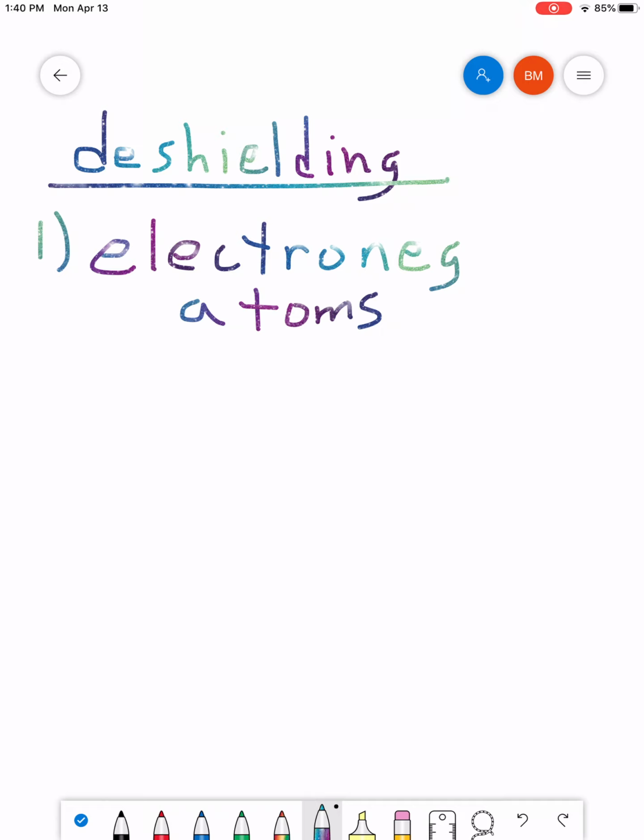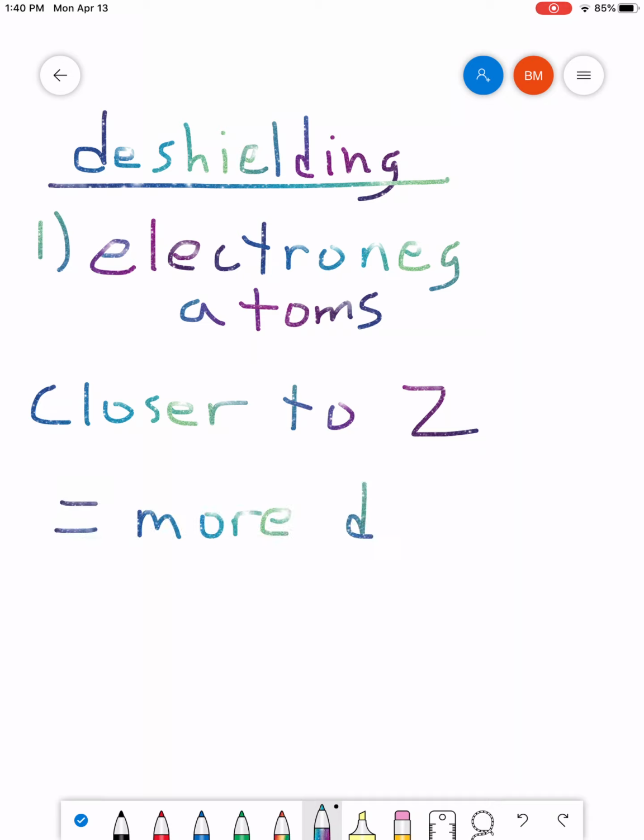So, generally speaking, the closer that your proton is to something electronegative, the more de-shielded it is. I'm just going to use the term Z here to refer to anything electronegative. Generally speaking, the closer to Z, the more de-shielded it is.